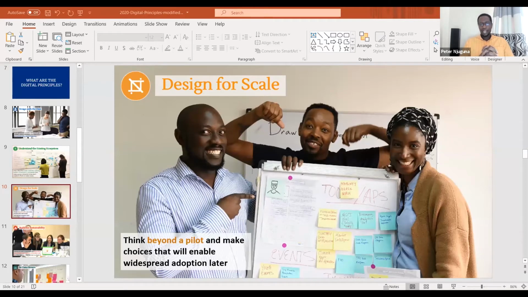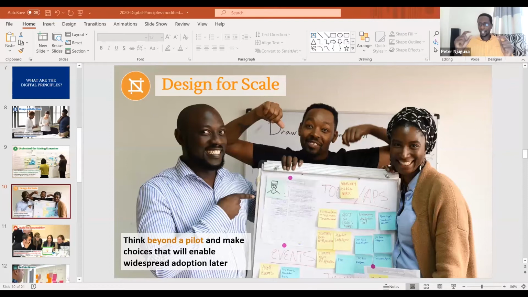And this requires expanding to a bigger geographical area, to a wider community, to a wider number of users, which also means more resources. It also means more funding, for example. So you need to start your testing, design with the user, understand the ecosystem, but also take into consideration that after the pilot, we'll need to scale this beyond the pilot, beyond the testing phase.